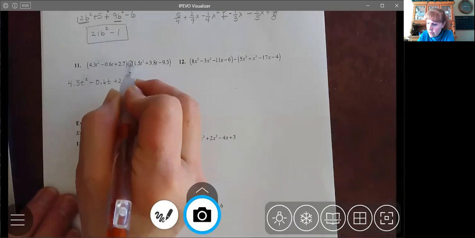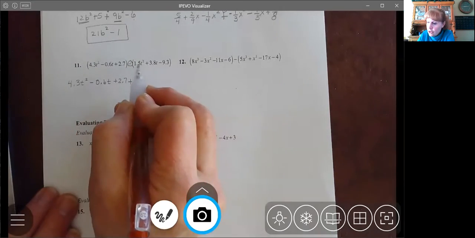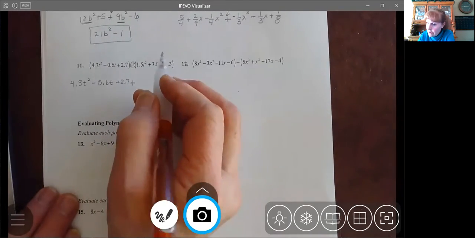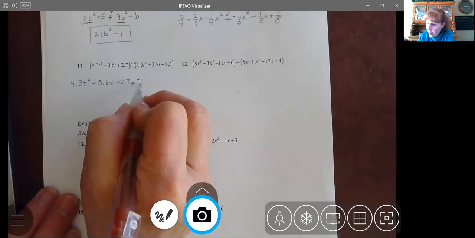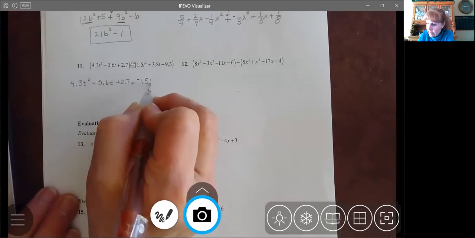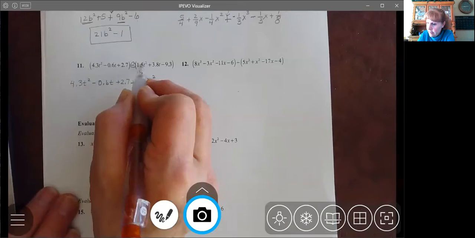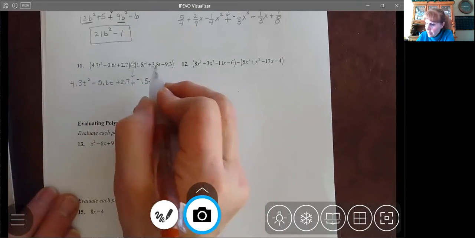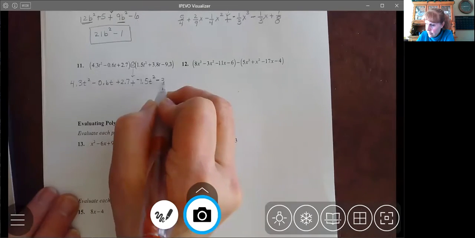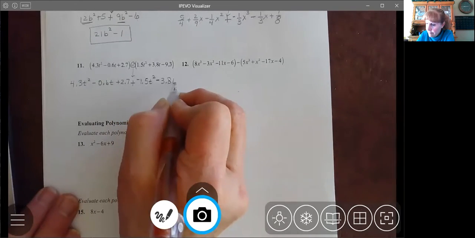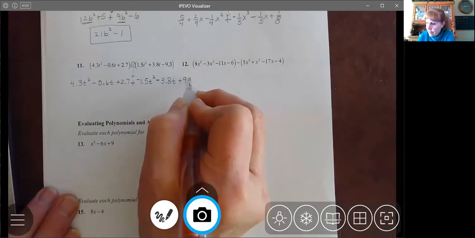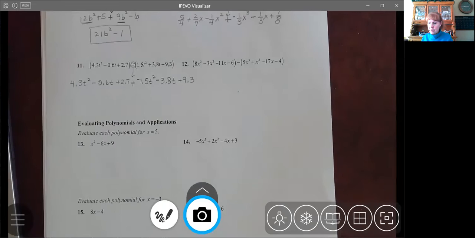I'm going to change this to a plus and change each of these signs that follow. So this will become a negative 1.5 t squared. Because it's positive on the inside, it becomes a negative when you do this. This will become a minus 3.8 t, and that'll become a positive 9.3. So you change the signs on what follows when you change that to addition.